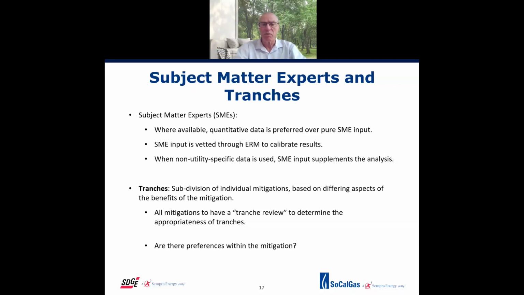Using your pole example, yes, there's a difference between steel and wood poles, but there's also poles that are in a high fire risk area, which might be at greater risk than, say, wood poles in a low fire risk area. Do you segment your risks in that fashion so that drives your decisions on how to apply your mitigation money?